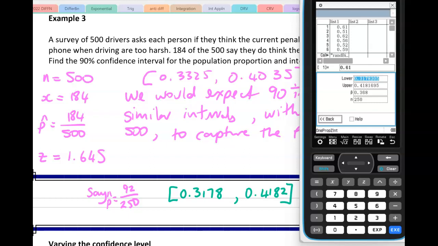So things like increase the level of confidence, what happens to the interval width, or decrease the number in the sample, what happens to the interval width. And you can see that here it is wider because less in the sample means that you aren't as sure. One person variation has a higher percentage change than if you had a larger number in the sample.